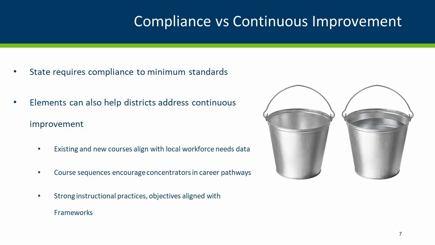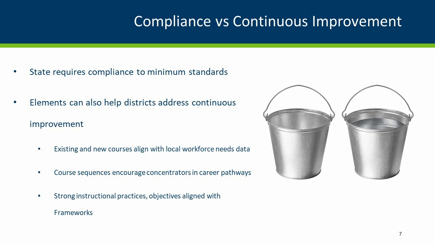Now, we're going to talk about each of those elements one by one, but I do want to mention that in addition to using them for compliance, you might also want to be thinking about those elements as you're thinking about your continuous improvement of your program. Because even though we're just talking about minimum standards here, you can build on these things and build out your programs. You might want to be thinking in terms of, are our existing or new courses really addressing our local workforce needs?